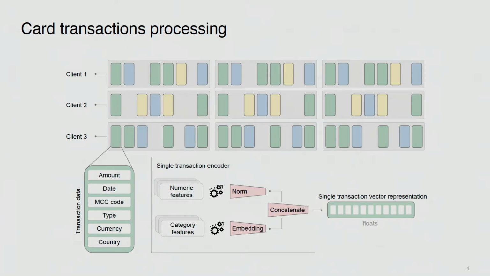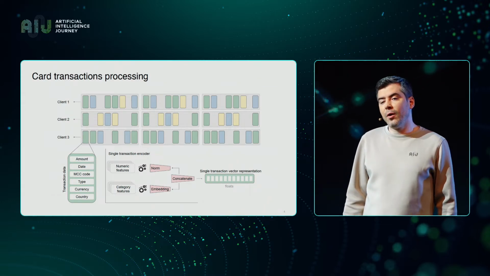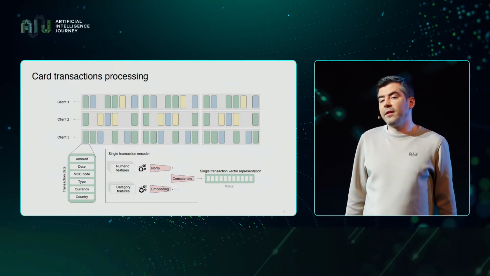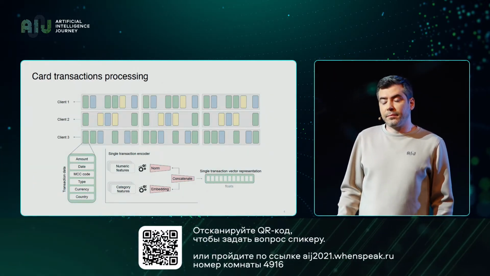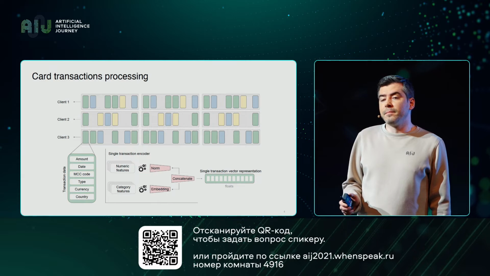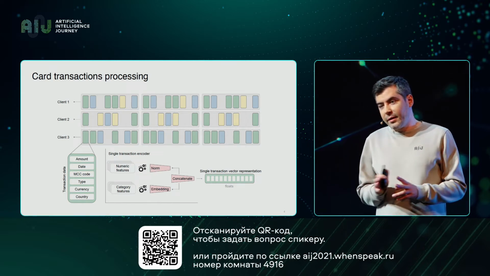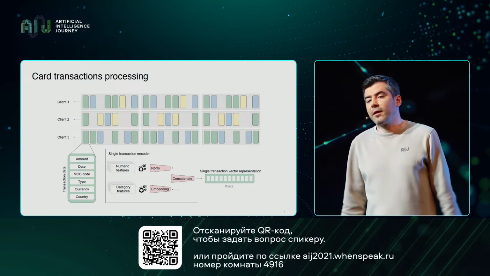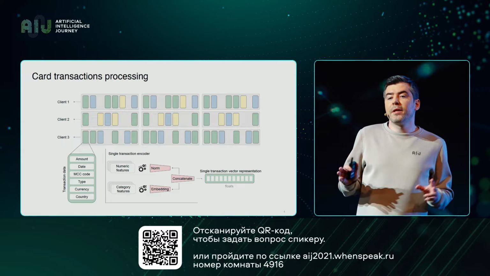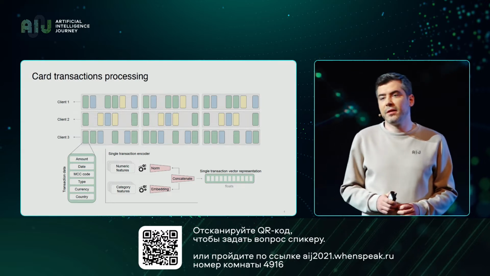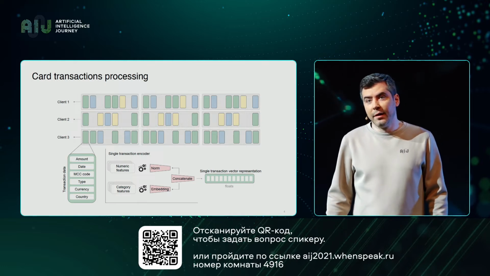All the vectors should be of similar scale, and we would train the embedding tables, and for each of the continuous variables, we would train the batch norm layer. And then all the variables would represent one transaction.